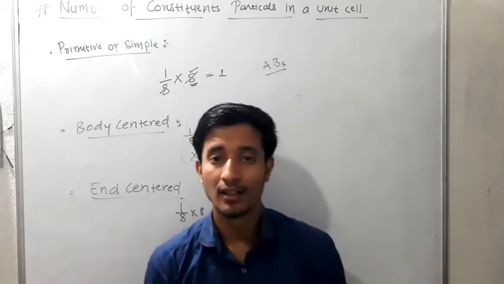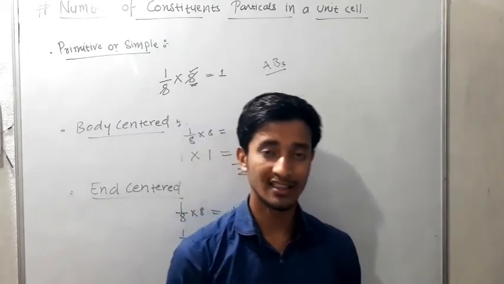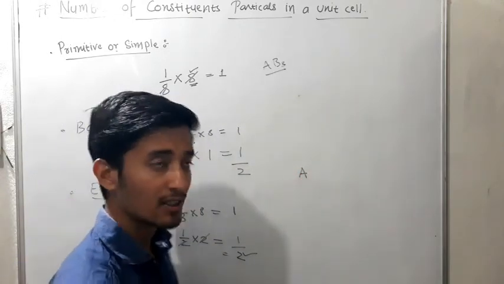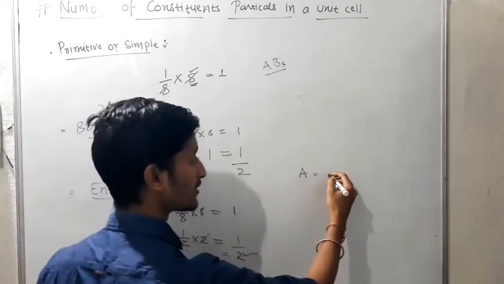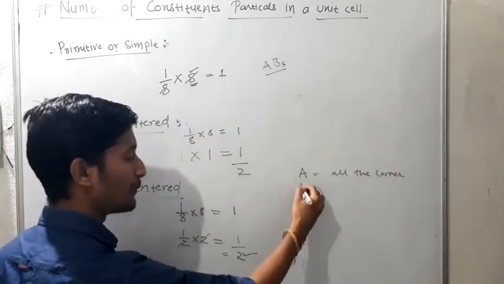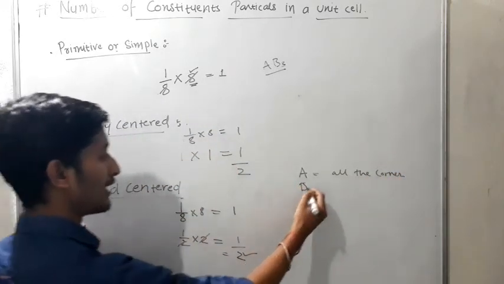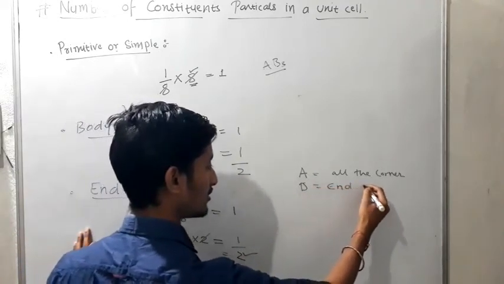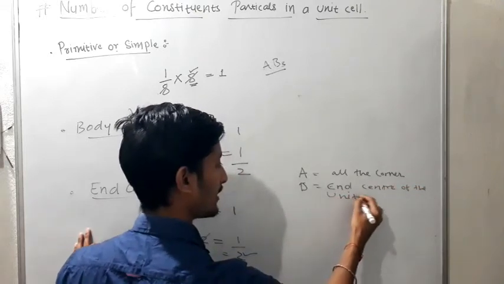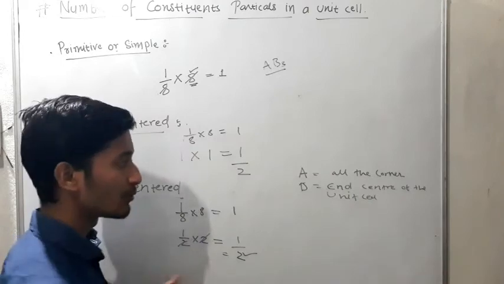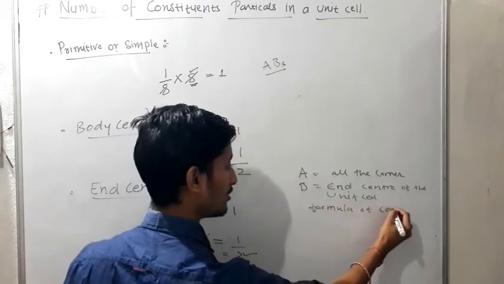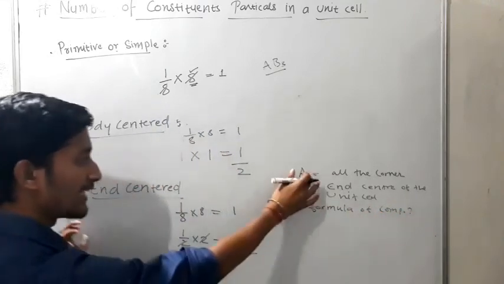Here a question, such type of question is asked in examination like: if A is present at all the corners, and B is present at the end centers of the unit cell, then what will be the formula of the compound? A is present at all the corners.